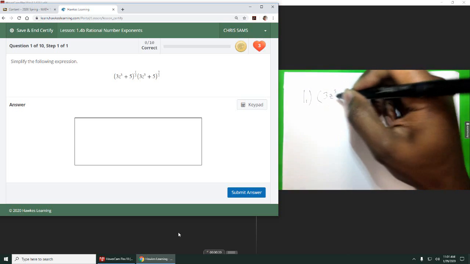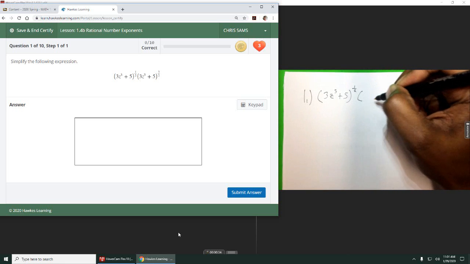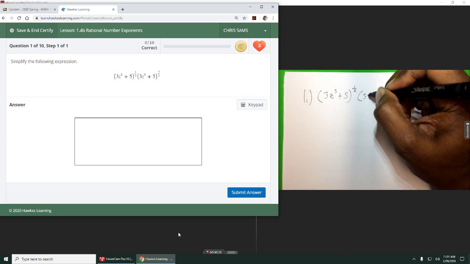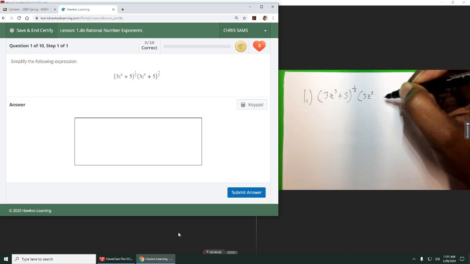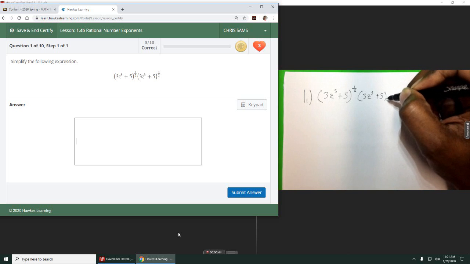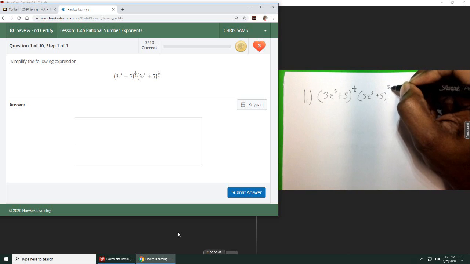Okay, so we got this big expression raised to the 1/2 power, and it's being multiplied by the same thing in parentheses. So 3z cubed plus 5 raised to the 3/2 power.